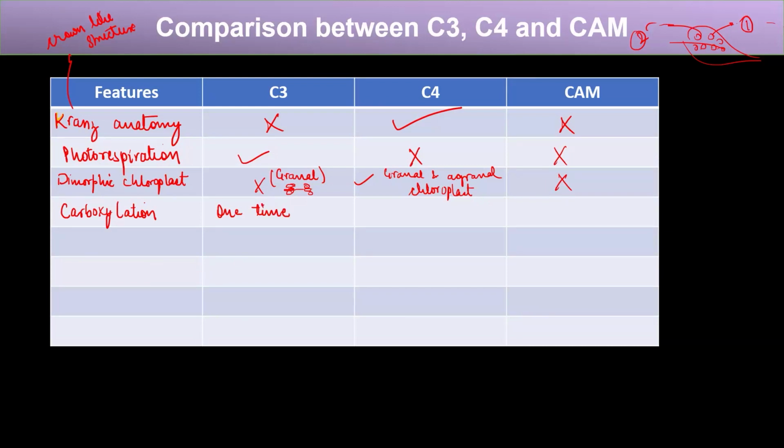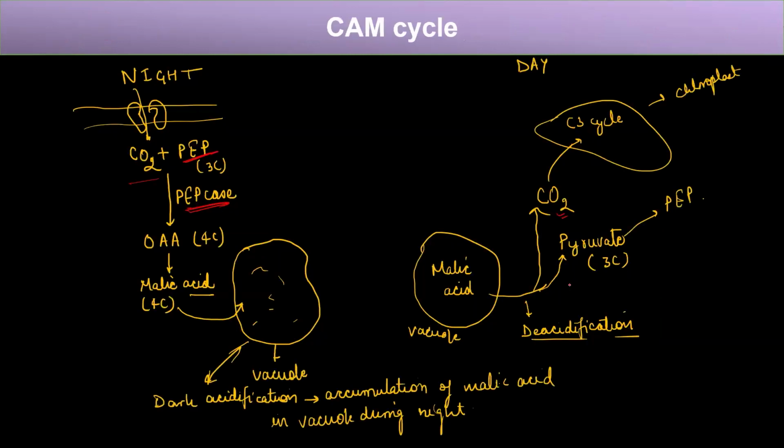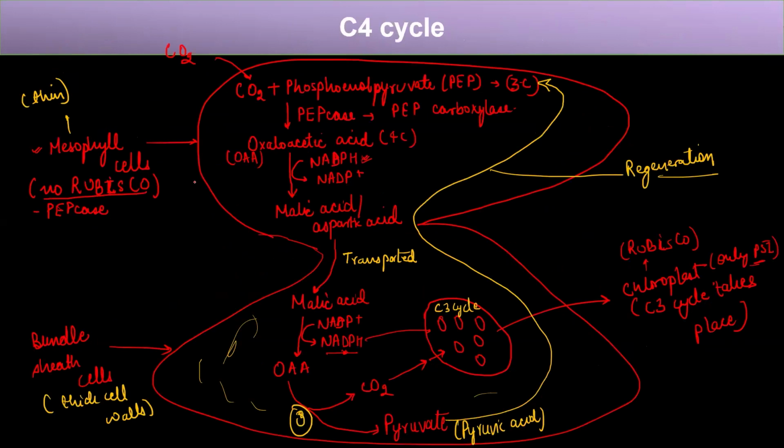While in the case of C4 plants, carboxylation takes place twice, right? One carboxylation is happening here, and the second carboxylation happens in the C3 cycle, when CO2 binds to RuBP. So carboxylation in C4 is two times.